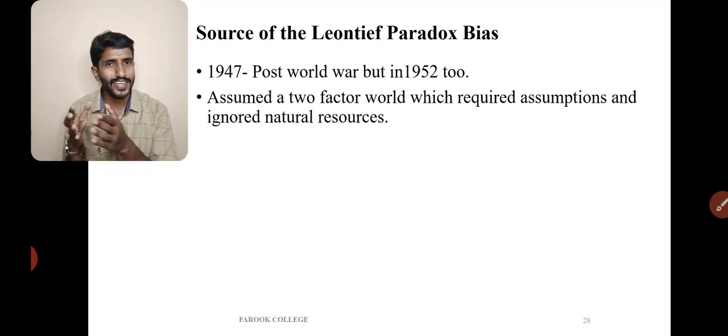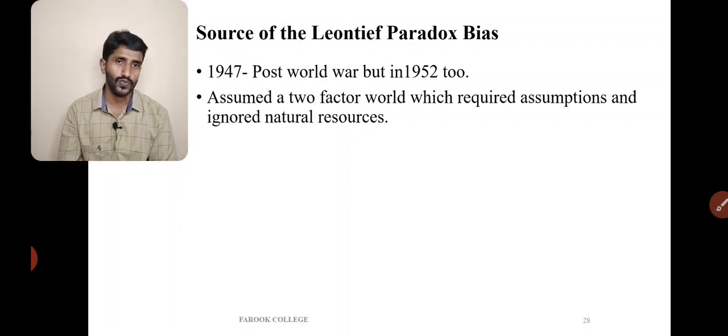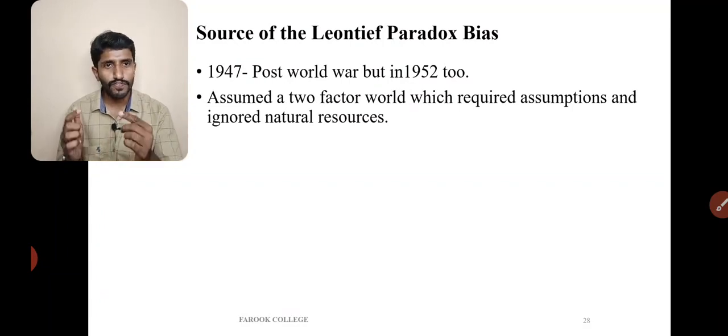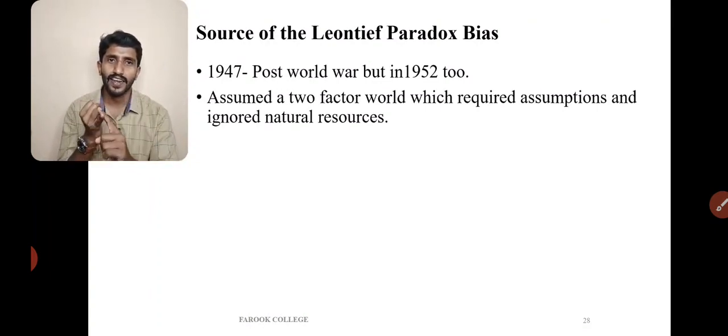Secondly, there is another argument that HO theory assumed a two-factor world, which is a required assumption, and ignored the natural resources. What are the two factors? Capital and labor.